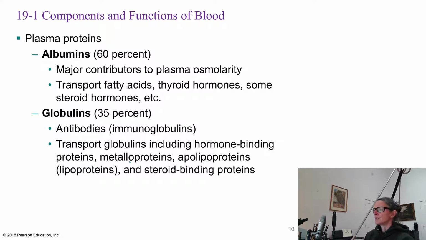So you really have these metalloproteins that are going to hang on to things like iron, zinc, and copper, because these things can react with other things in the body in a way that you don't want them to. So you really don't want certain free metals just running around in the body. We also have, of course, our steroid binding proteins, and these are going to be escorting our steroid or our cholesterol derivative hormones around through the blood.